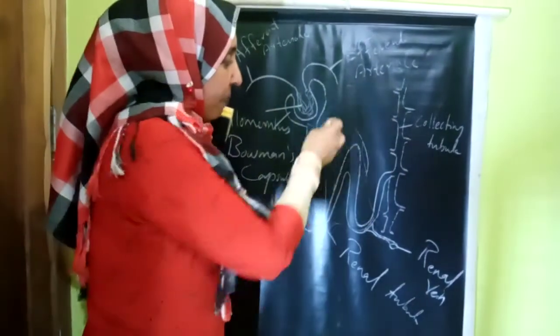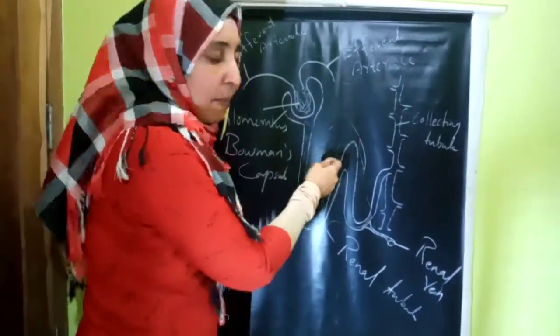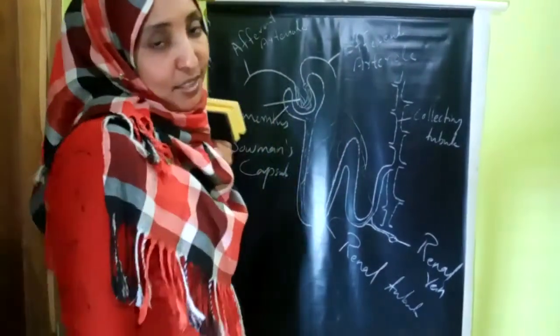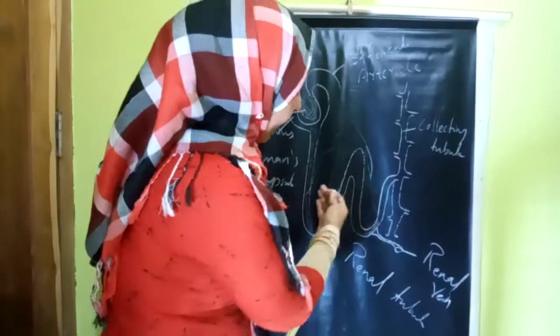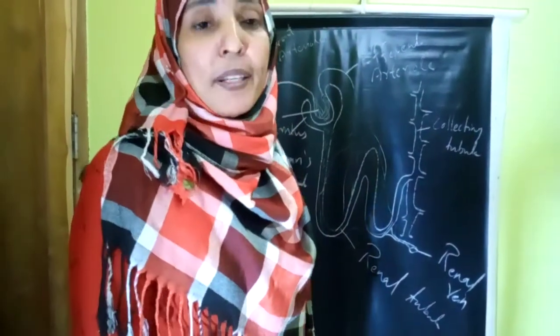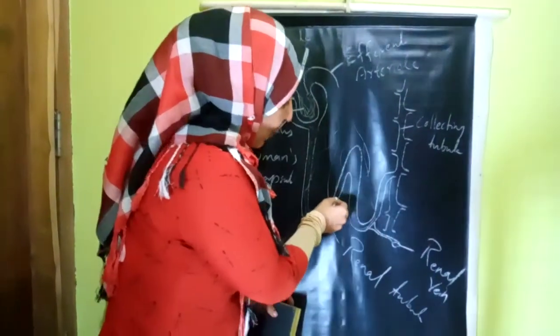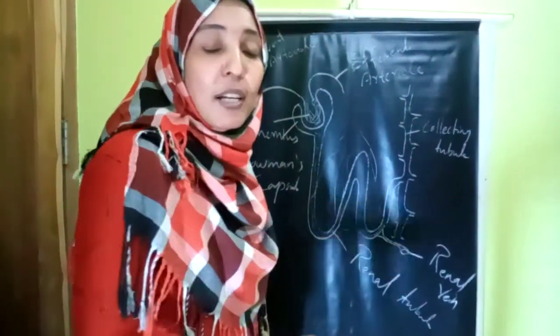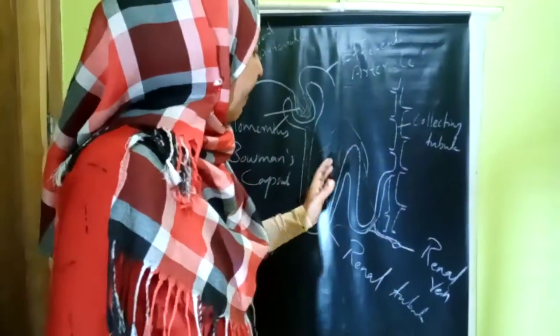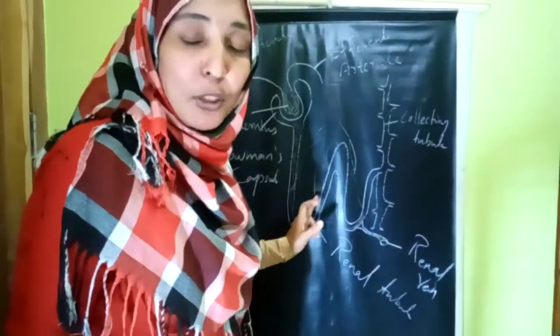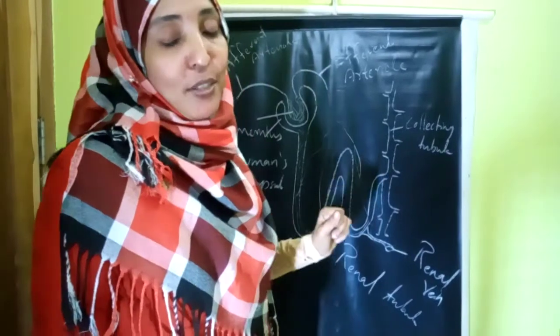At the same time, the thick blood is coming through the branch of the efferent arteriole. So from here, diffusion happens. Diffusion means reabsorption happens. From this filtrate, useful substances are selectively reabsorbed by the blood coming through the efferent arteriole.